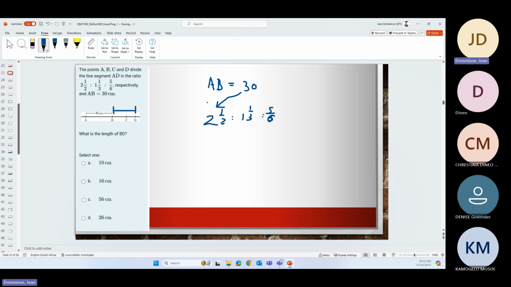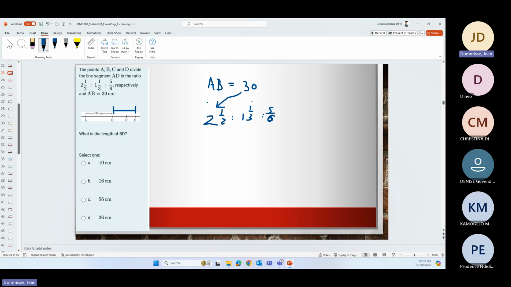So we will need to make sure that we work with the same fraction, or at least if you look at 2.5, that we put it in the same way as 1 1/3 and 5/6. So I would first try and simplify everything.